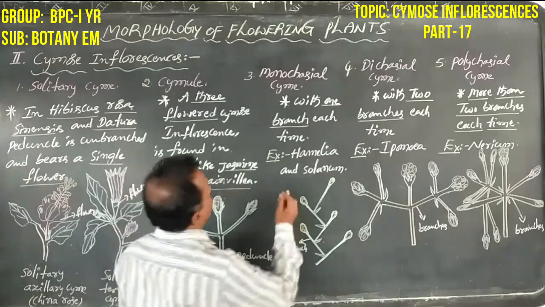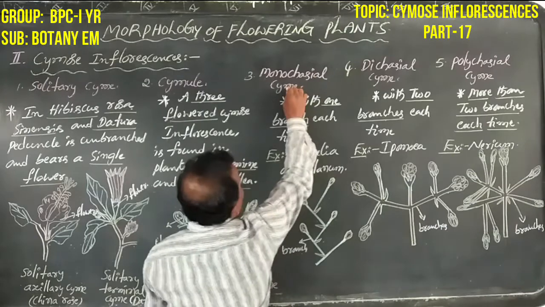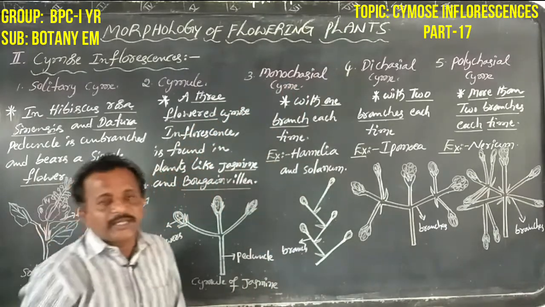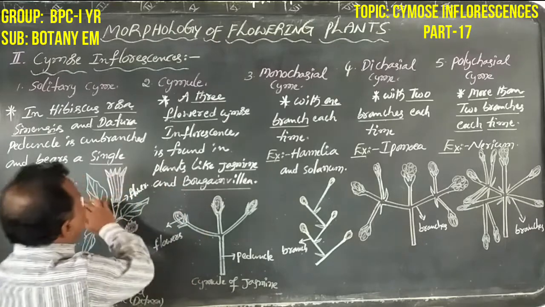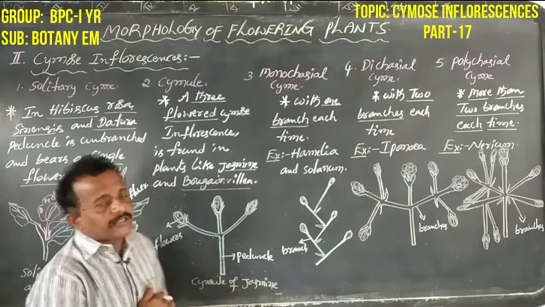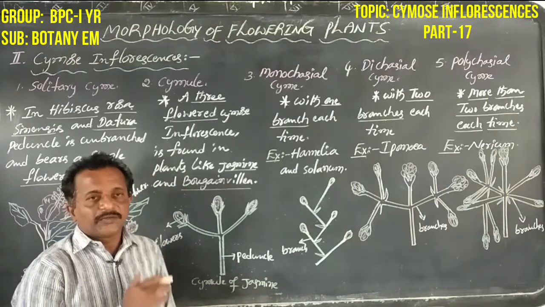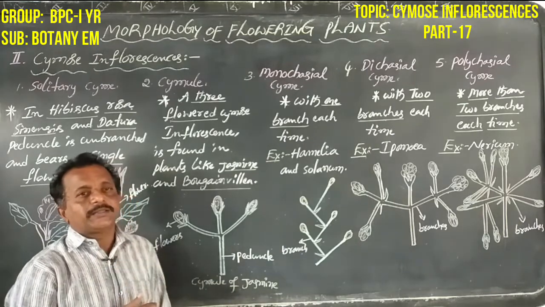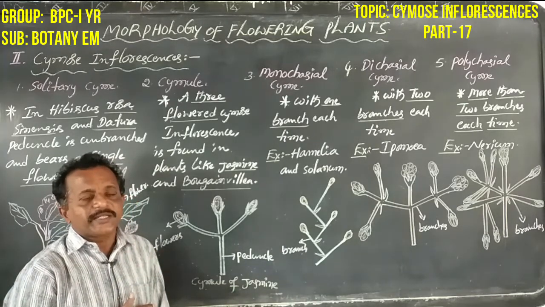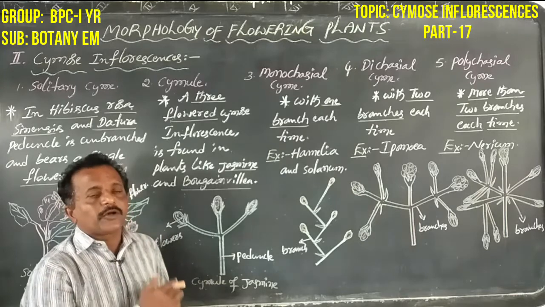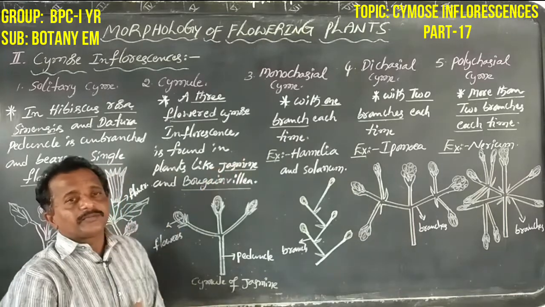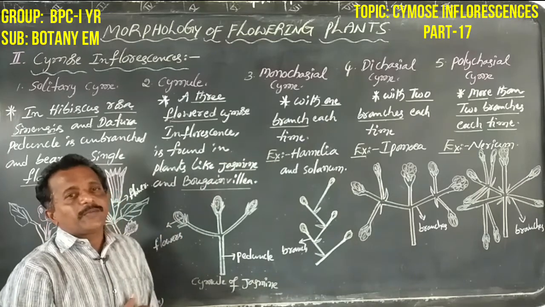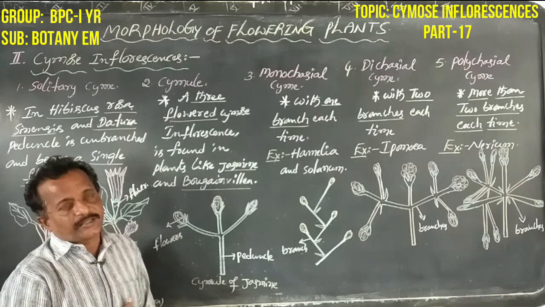And next, coming to another one, monochasial cyme. Dear students, these two are unbranched cymose inflorescences. The first two are unbranched cymose type of inflorescences, namely solitary cyme and cymule. The remaining three are branched cymose type of inflorescences.